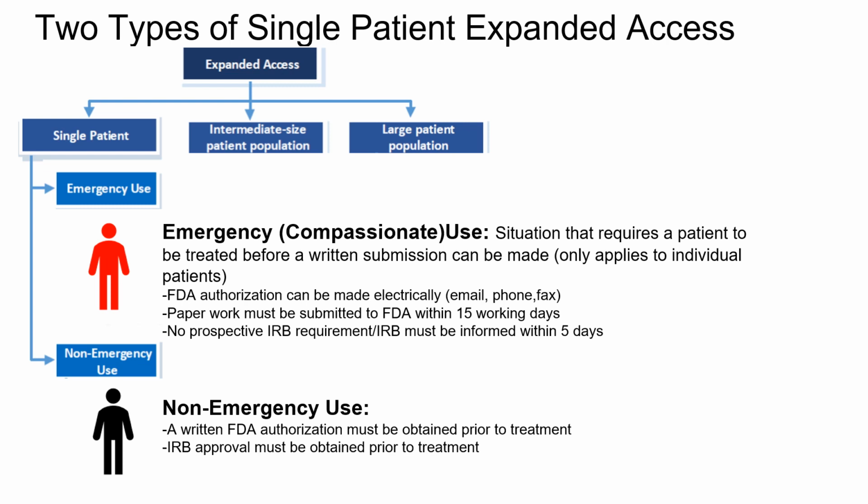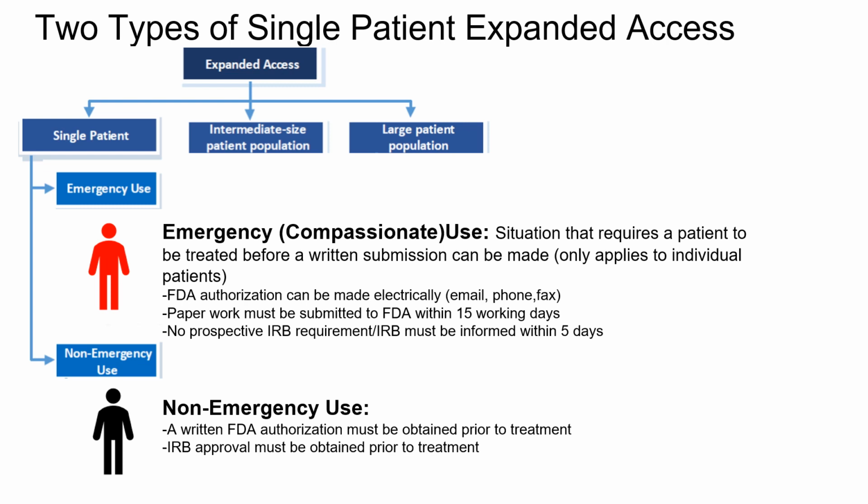Paperwork must be submitted to FDA within 15 working days of using the investigational products. And there are no prospective IRB requirements. Similar to FDA reporting requirements, there are retrospective reporting requirements for the IRB. Paperwork must be submitted to the IRB within 5 days of using the investigational products.